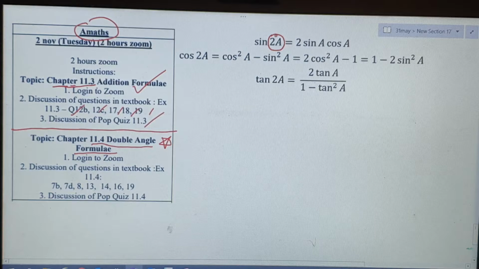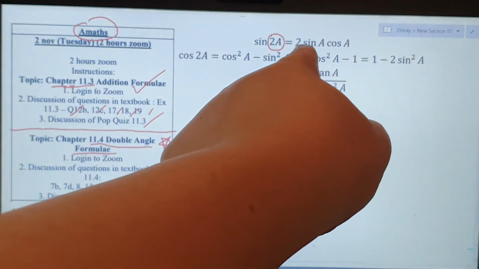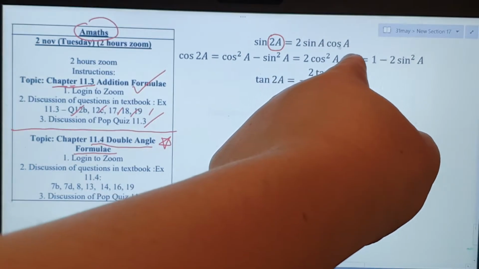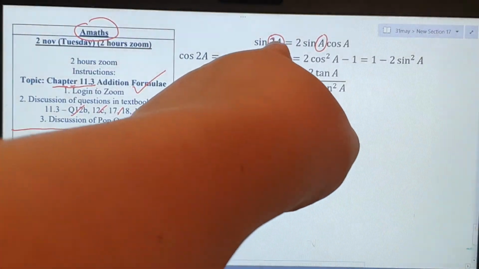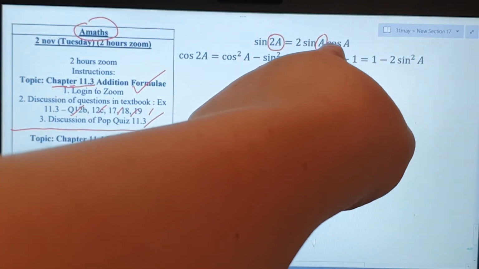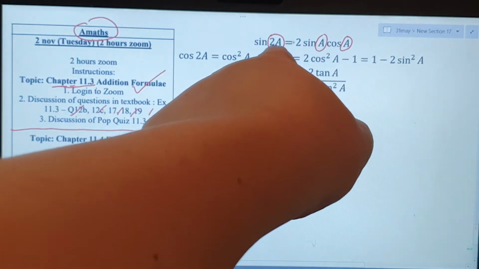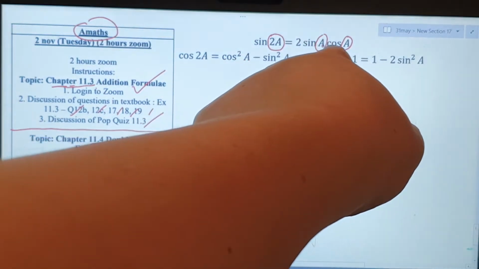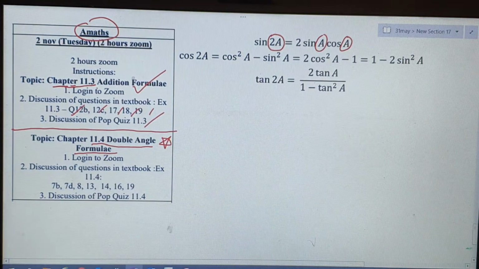So sine 2a is equal to 2 times sine a times cos a. Can you see that if you compare this angle with this angle, this angle is twice of this angle, correct? That's why we call it double angle.